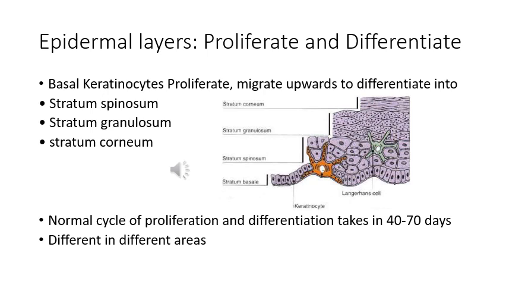All this action is proliferation and differentiation: there is an increase in number as well as changes in structure while getting matured. The normal cycle of proliferation and differentiation differs in different parts of the body, but usually it is 40 to 70 days.